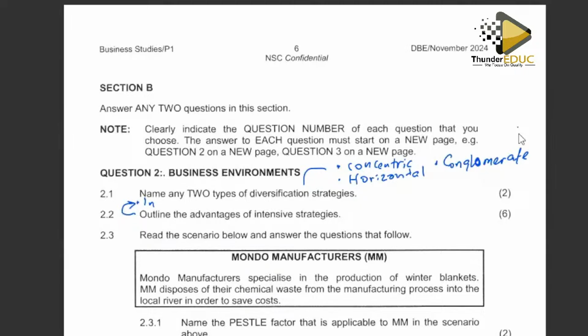We are saying that there is an increase in sales or income, and profitability.